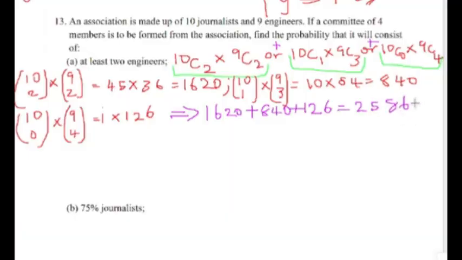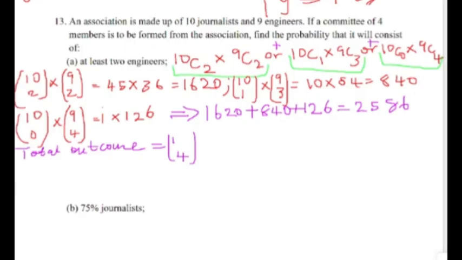Okay, so this is the favorable outcome, but this is a probability question. What of the total possible outcomes? Without restriction, we have to add 10 journalists and 9 engineers, so that will give us 19.